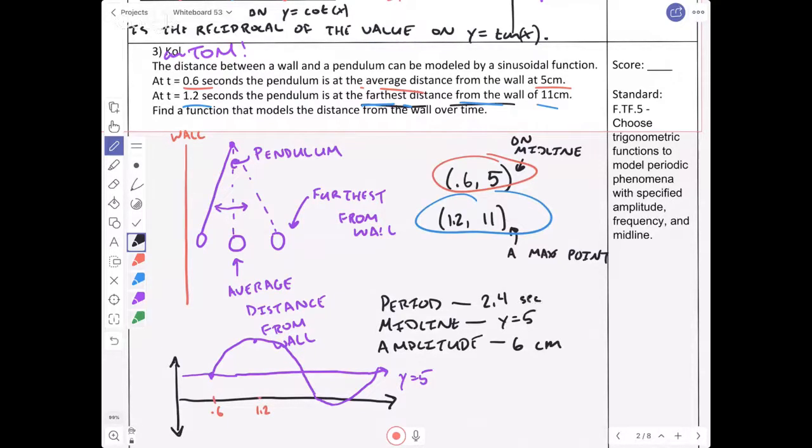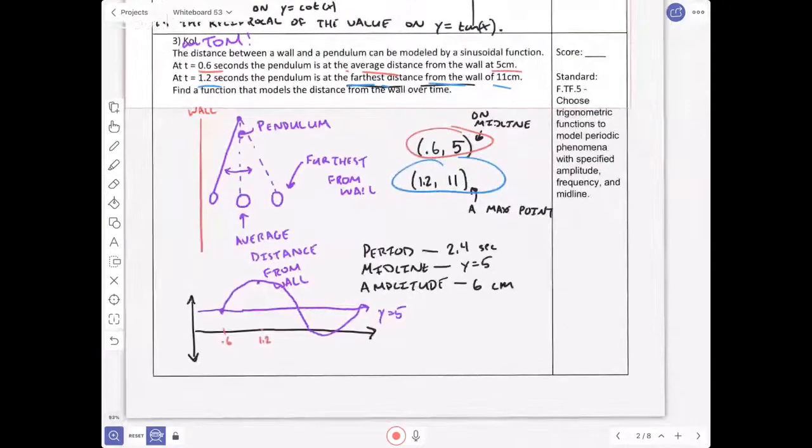So now I can start constructing a function. It's hard to know whether I should use a cosine curve or a sine curve.